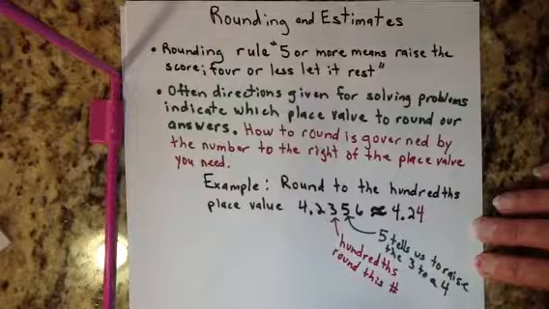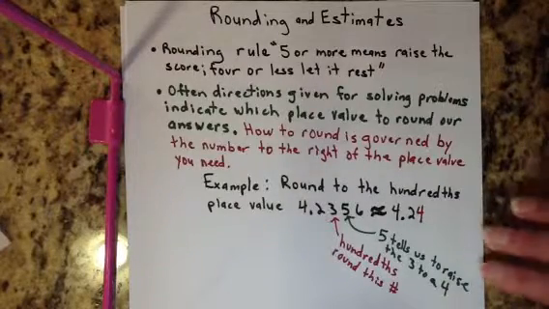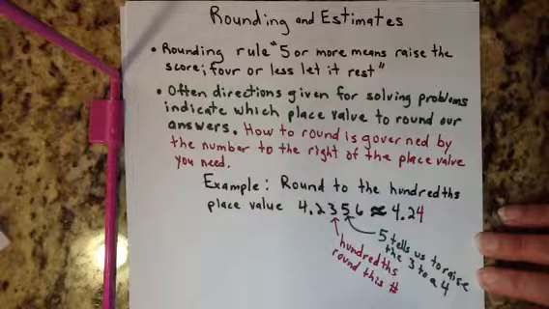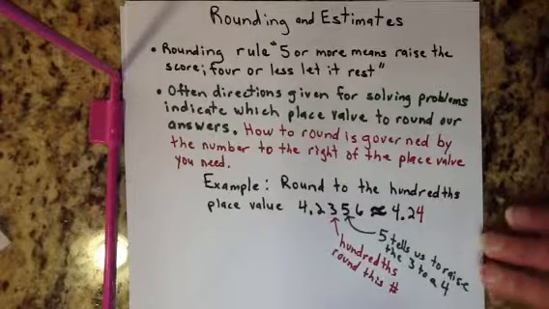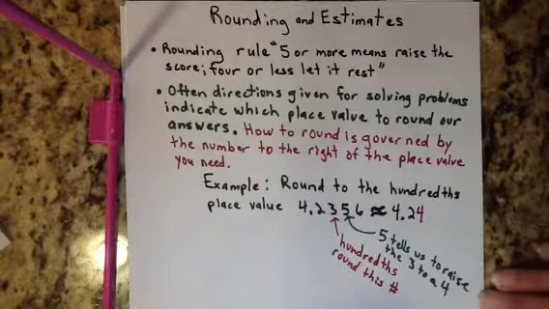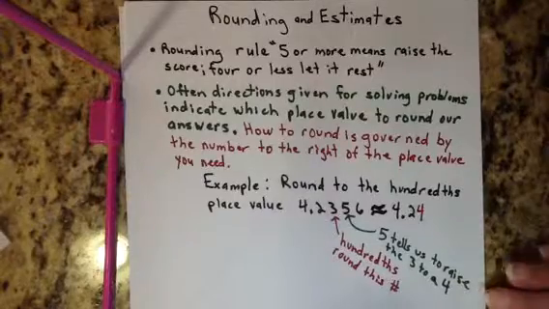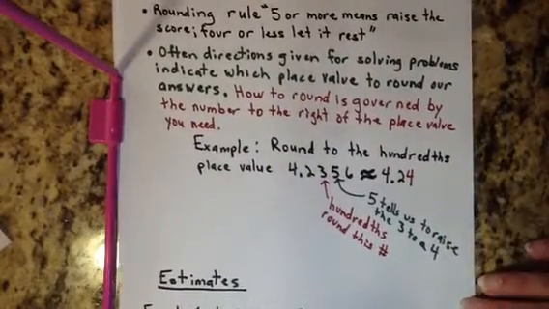Anyway, often the directions given for solving problems indicate which place value to round our answers to. How to round is governed by the number to the right of the place value that you need to round to. So let's look at an example.